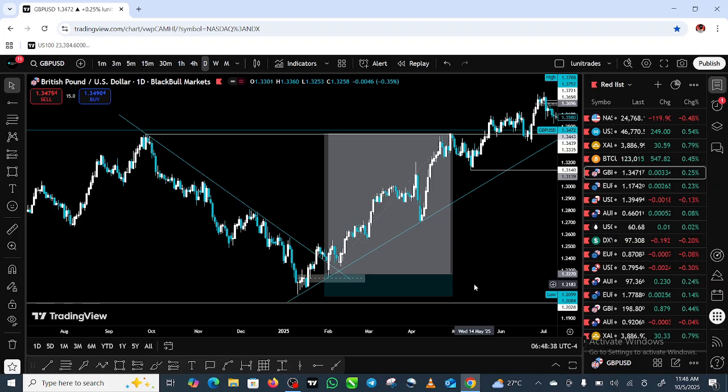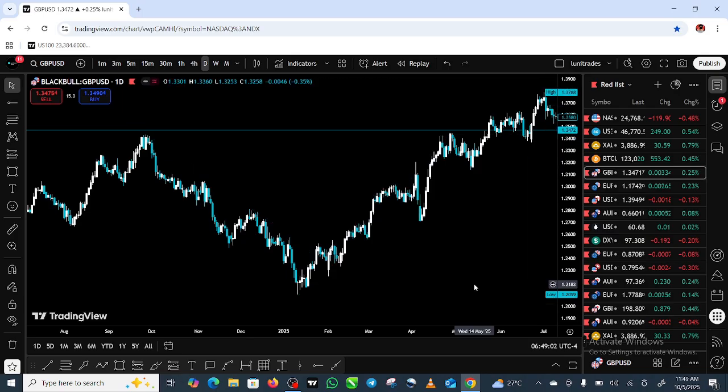Either OTE or you're focusing on unicorn, which is the combination of breaker block and fair value gap, as your entry. OTE or unicorn setup entry. Those two should be your entry criteria when you are using trend line break and retest on the higher time frame.